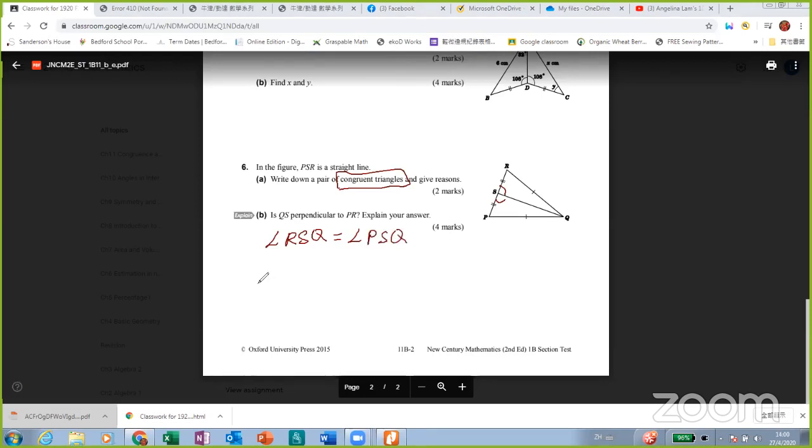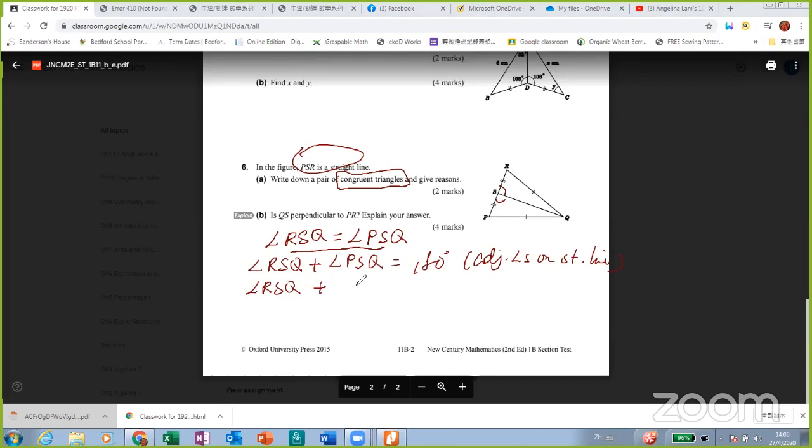PSQ. But angle RSQ plus angle PSQ equals 180 degrees because they are adjacent angles on a straight line. Because they are equal, it means, for example, angle RSQ plus angle RSQ equals 180 degrees.